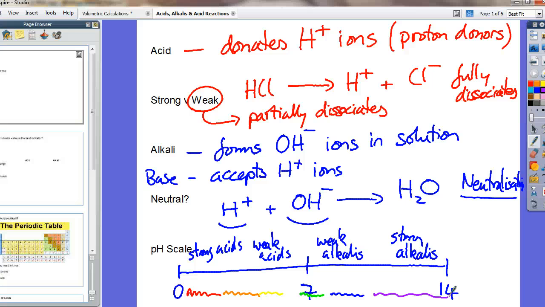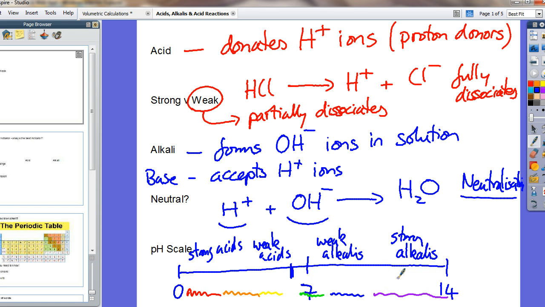If a substance was down here on the pH scale, it's probably a bit misleading to put that purple colour there. It might form a light green colour in universal indicator. I might think that's a full green, pH 7. Someone else might think that's a dark green, so they might think the pH is more like 8. So it's very subjective when you have this full range of colours.